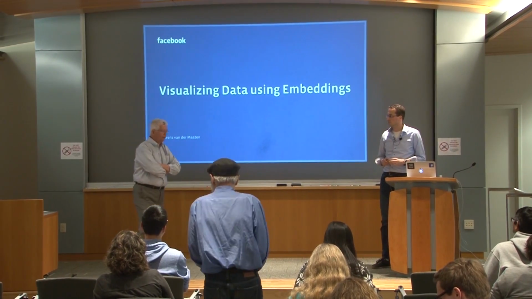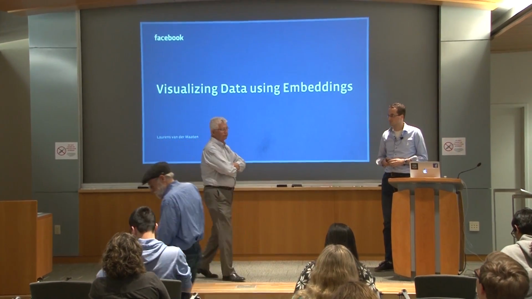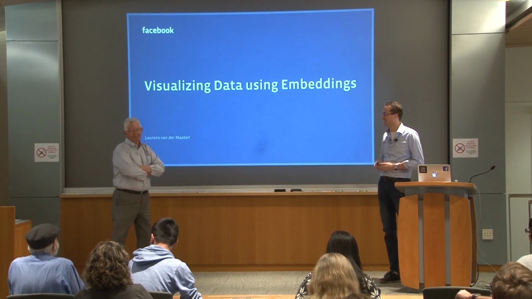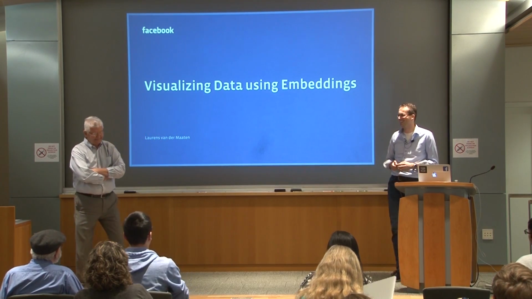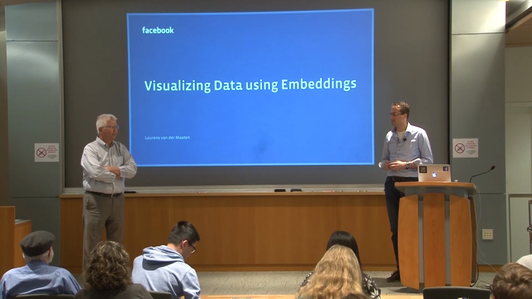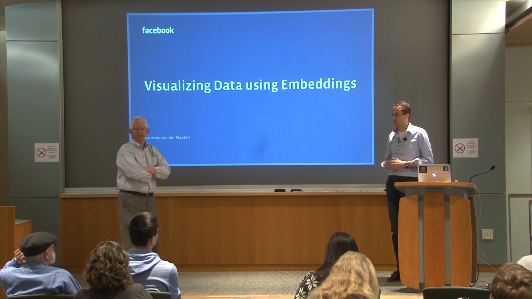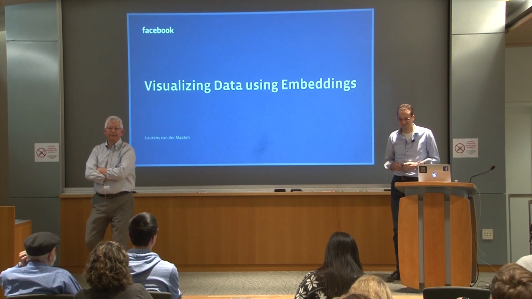It's my great pleasure to introduce Lawrence van der Maaten. Is that close? Very good. Lawrence comes highly recommended by our good friend Jeff Hinton. So that's sufficient introduction. I should just stop here.